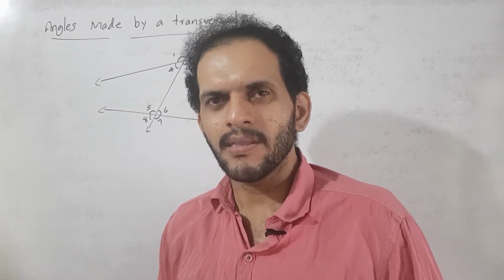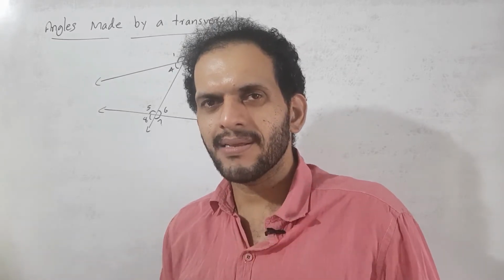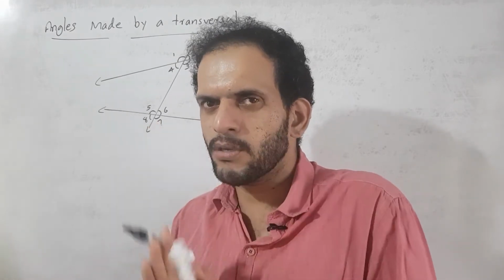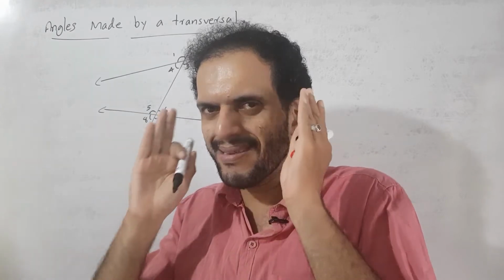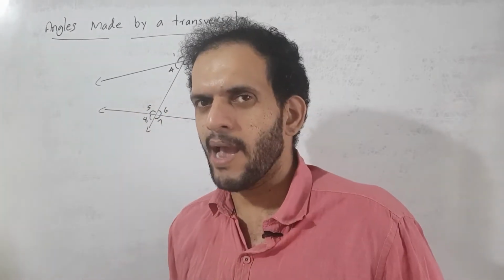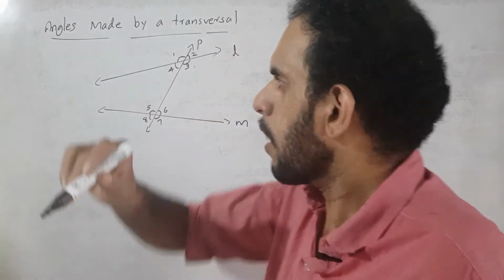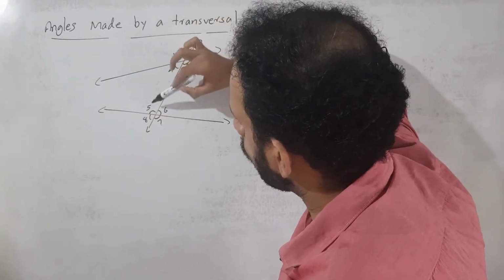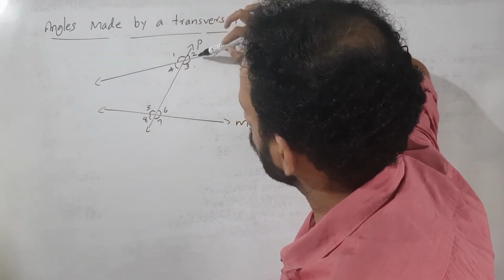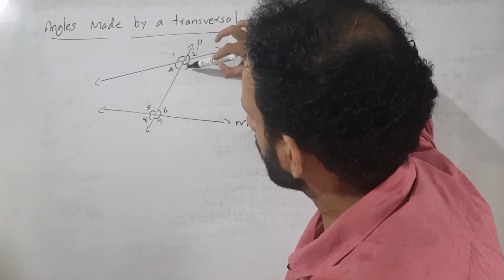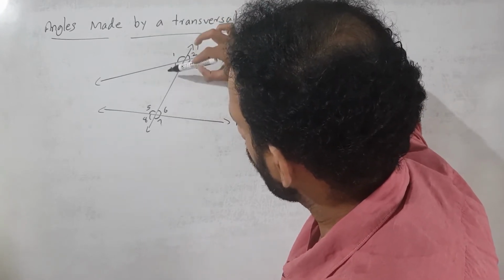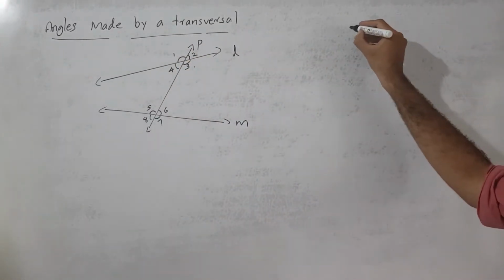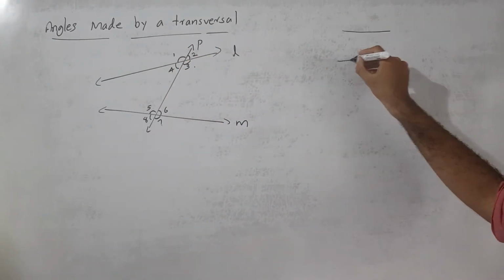What do we call this type of angle? We call it corresponding angle. So just understand the positions of the angles. Understanding the positions of the angles is very important. The position is like this: 1, 5, 2, 6, 3, 7, 4, 8. That means this one is on the other line.